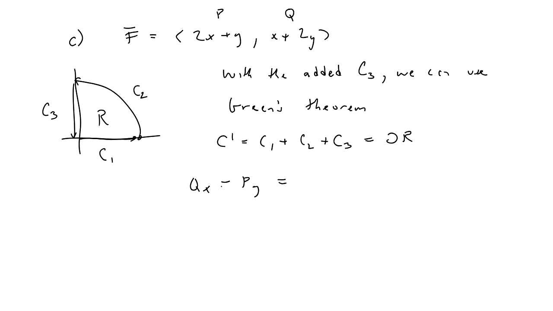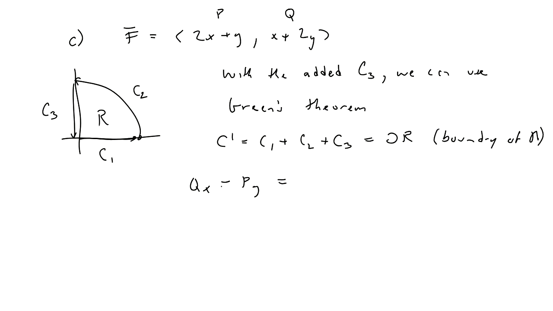Actually, no, I had to for all the pieces. C1 plus C2 plus C3 is equal to, that's supposed to be the boundary of R. Sorry about that. So that symbol in front of the R is supposed to be a little boundary symbol. You'll see it doesn't really come up, so don't worry about it too much.